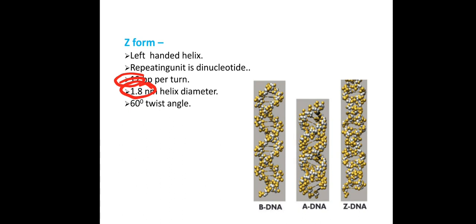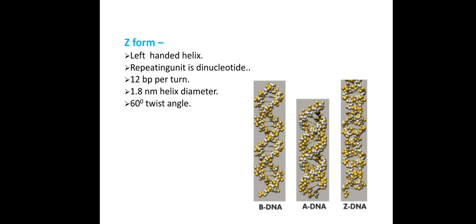That means they are placed in such a way that from one step to another step, they are constantly at a 60 degree angle. Step here I am referring to the base pairs that are present. So in each turn of the ZDNA you find how many base pairs? 12 base pairs or 6 repeating units, because they are dinucleotides.